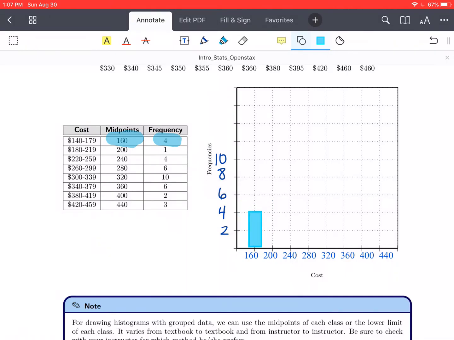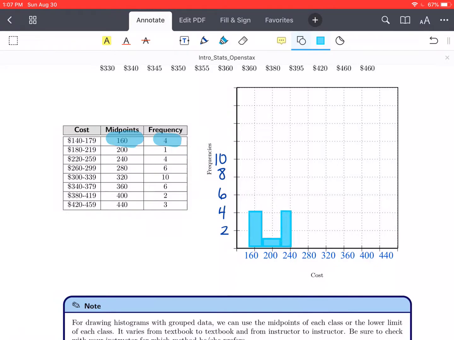There we go. Close enough. And then centered around 200, that one has a height of 1, so we've got to give it a height of 1 down here. So it's pretty small one. And they are going to touch. Next one, we have a height of 4, centered around 240.